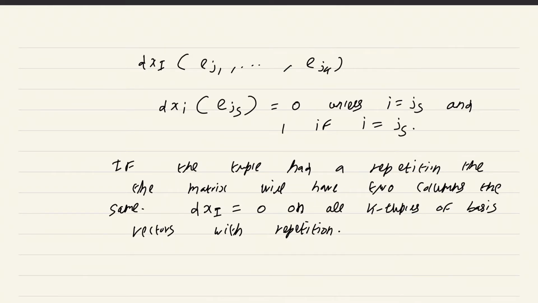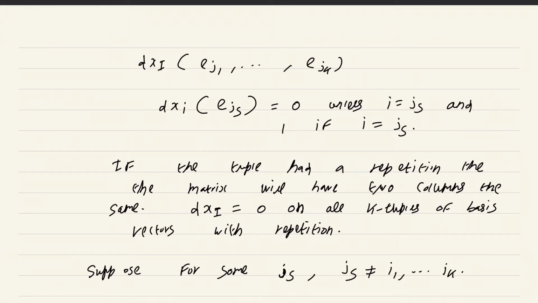Now let's take another situation where it's going to be 0. Suppose for some js, js is not equal to I1, ..., ik.